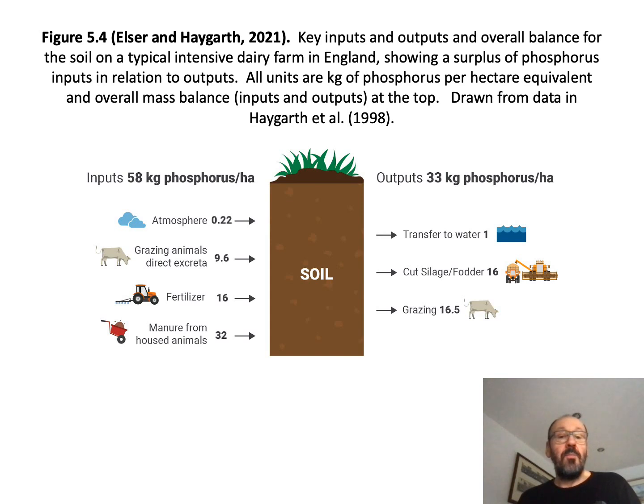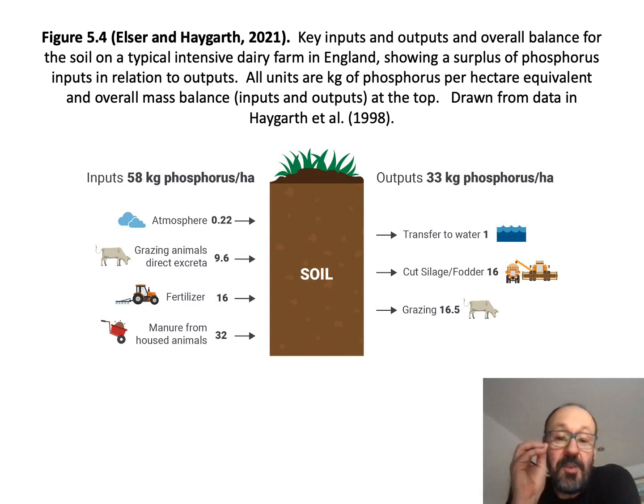And here, what we show is an example of the phosphorus balance on a modern farm. And the very simple point is that typical inputs are about 58 or 60 kilograms of phosphorus per hectare to this dairy farm that Haygarth et al. studied, and that the outputs were around about 33 kilograms of phosphorus per hectare in terms of the outputs from the farm, and there's different components to that.